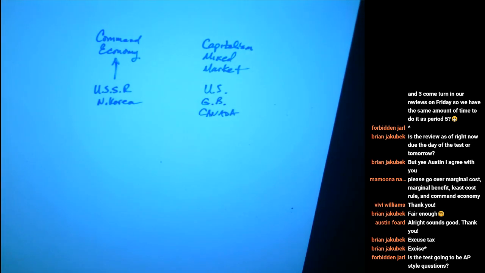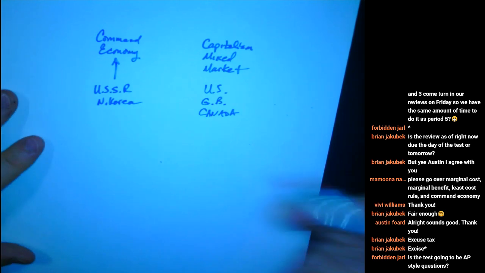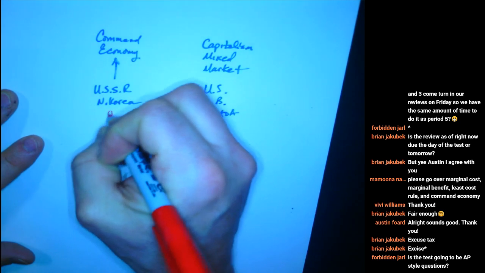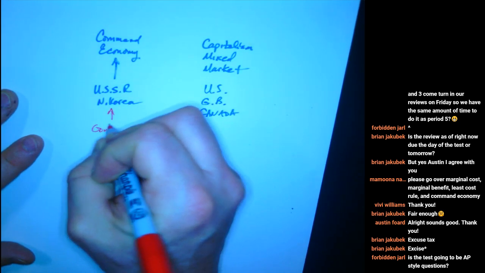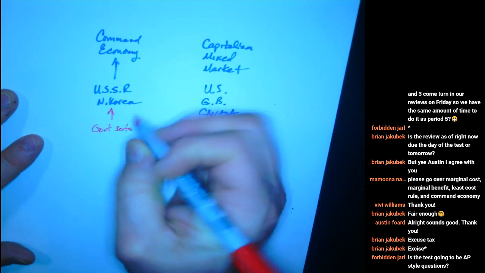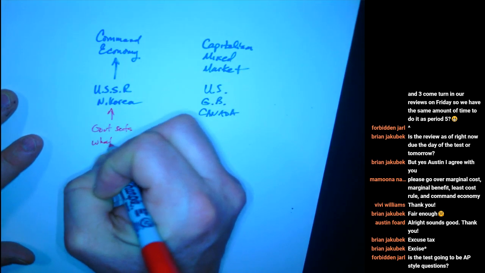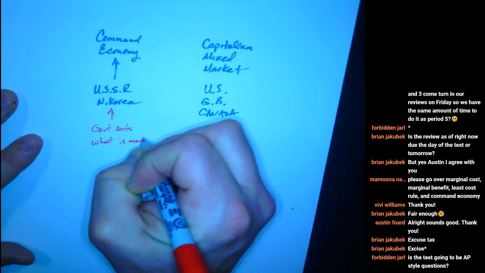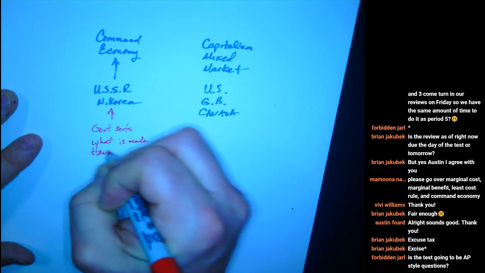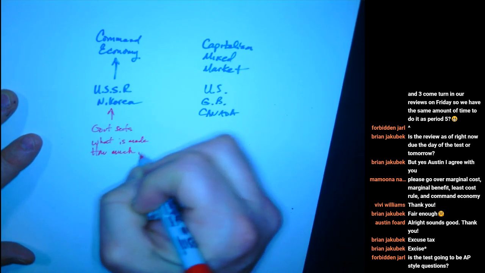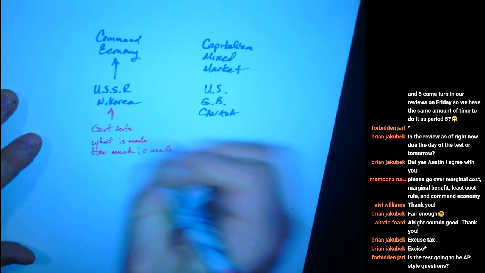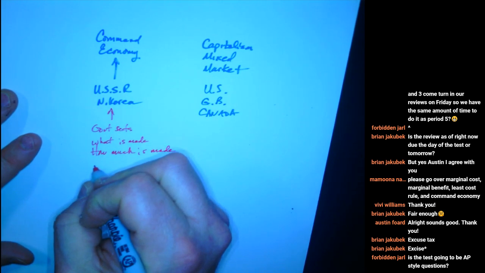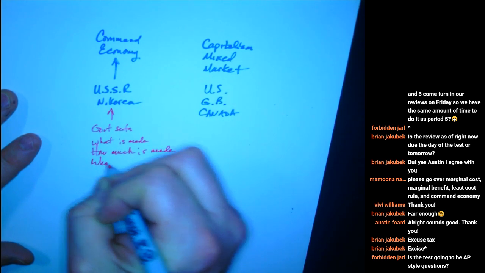Okay, so in a command economy basically the government sets what is made, how much is made, who gets it.